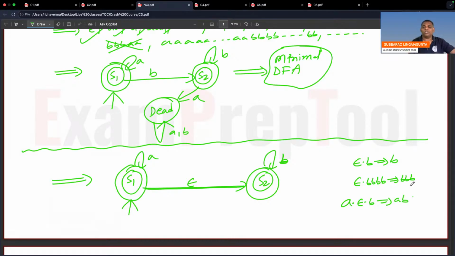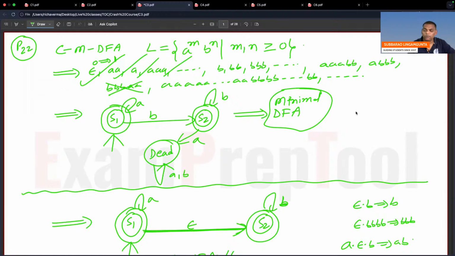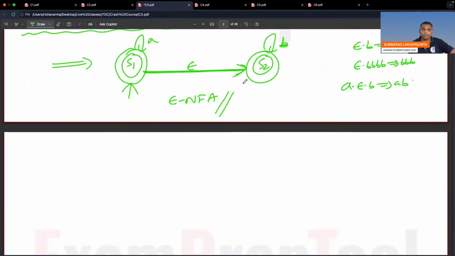So what I mean to say is, whenever order is important, if you think DFA construction becomes difficult, you can keep an epsilon symbol on the transition line. This is called an epsilon NFA. For comfort, this is very difficult to construct, but this is easy.